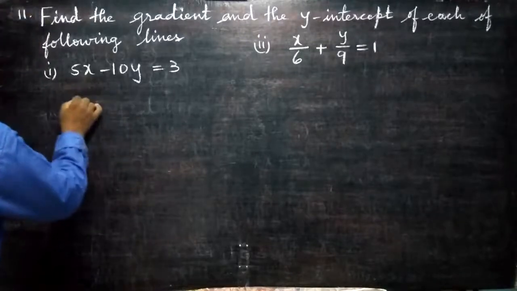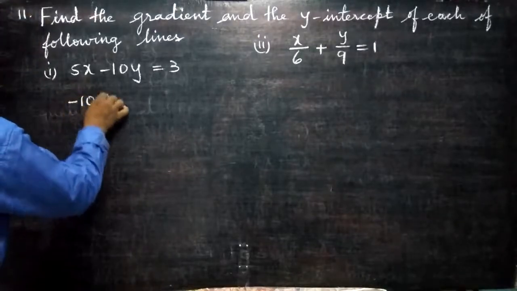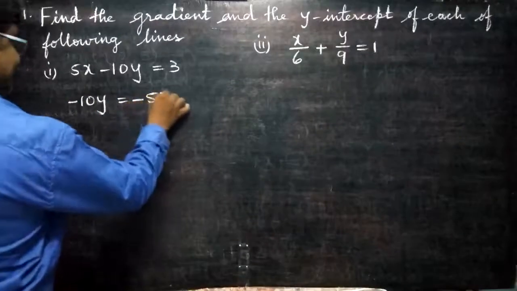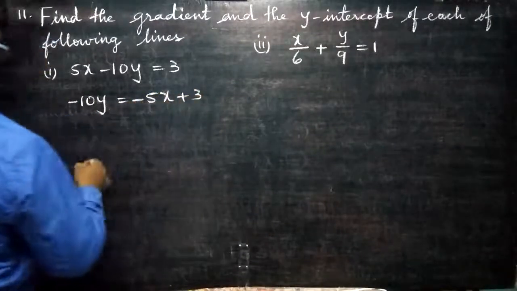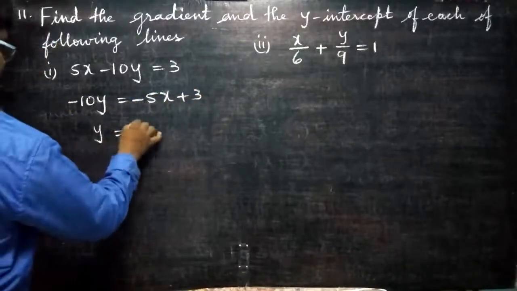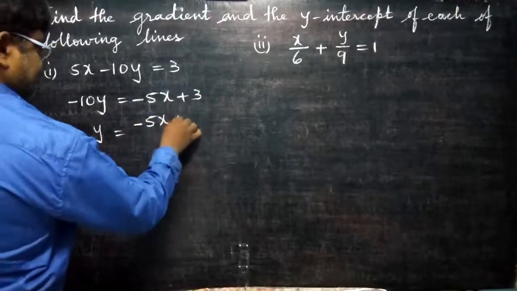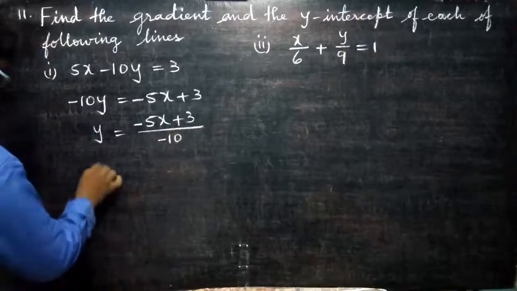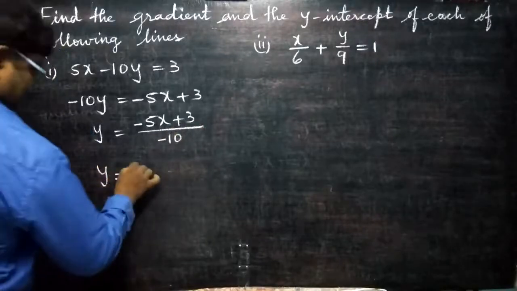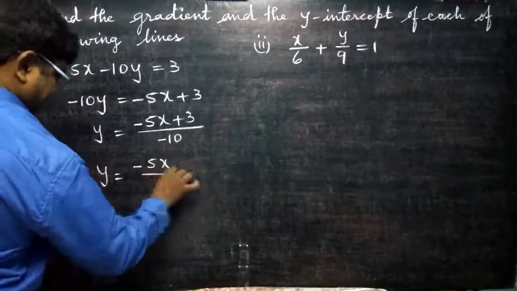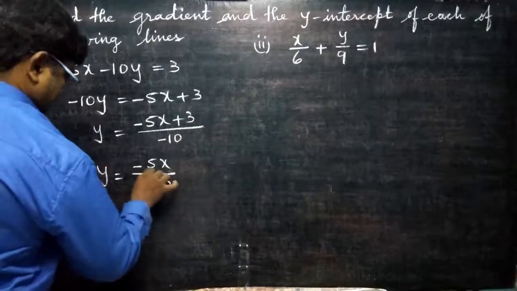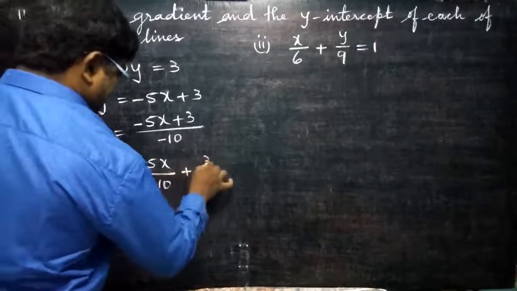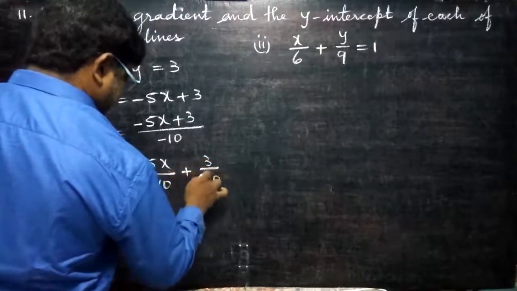So now -10y is equal to -5x plus 3. y is equal to (-5x plus 3) by -10. y is equal to -5x by -10 plus 3 by -10. Separate it.